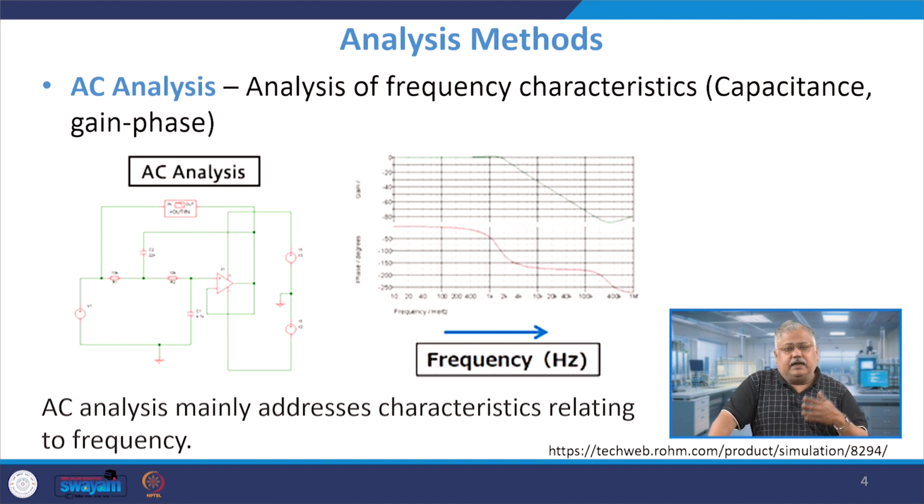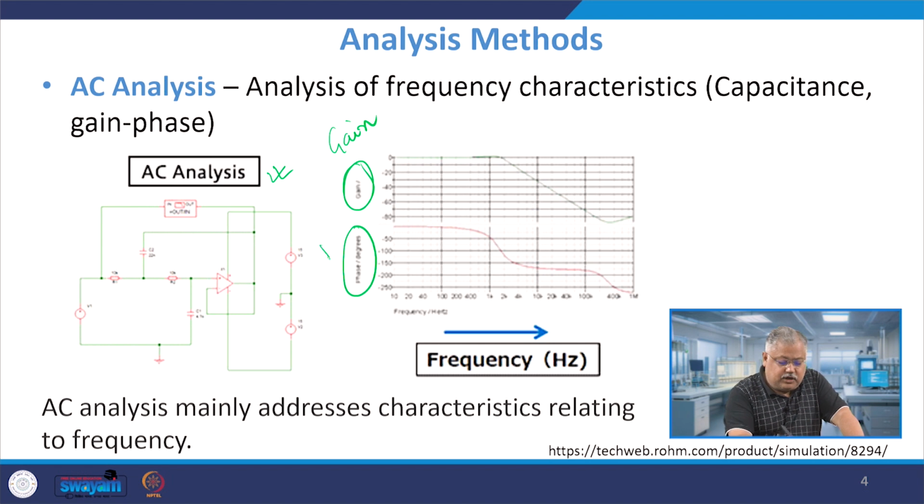As it is written here, analysis of frequency characteristics looks into capacitance, gain, and phase. The left hand side is a circuit, do not worry about where the circuit has been taken from. It is basically an AC analysis, and in the top figure we have plotted the gain value with respect to frequency, and in the bottom figure we have plotted the phase with respect to frequency.